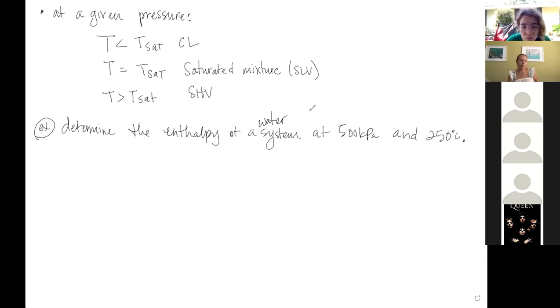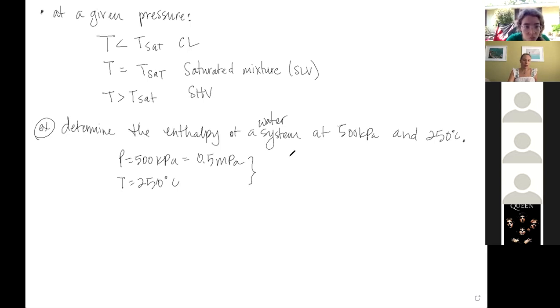Okay, anybody want more time? All right, so we know our pressure is 500 kilopascal, which is 0.5 megapascal. We know our temperature is 250 degrees Celsius.